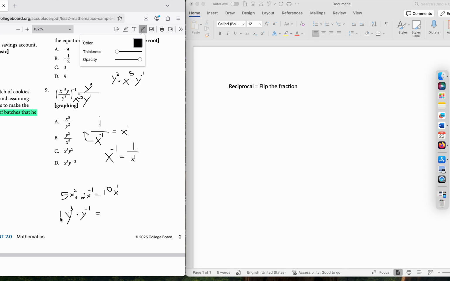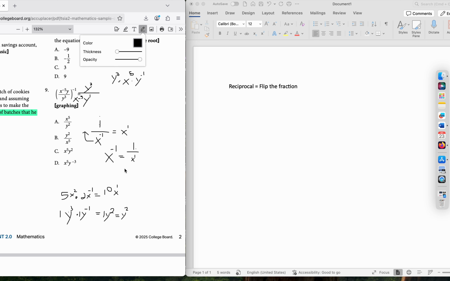So in this case, we have these implied 1s up front. 1 times 1 is 1. And then we write down our variable y. And then we want to combine the exponents. So 3 minus 1 is 2. And to simplify that expression further, we want to just get rid of that 1. So we just have y squared.